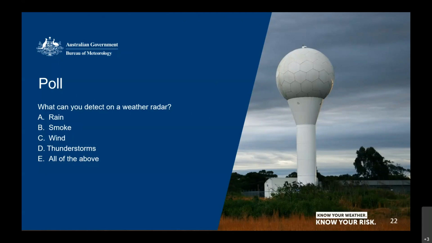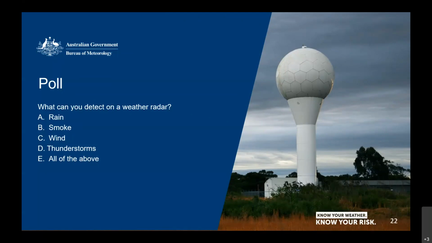When our beam enters our atmosphere, it has different densities, and so therefore it's going to refract the beam. So we need to take this into consideration when calculating the heights of these targets when they return to the radar.